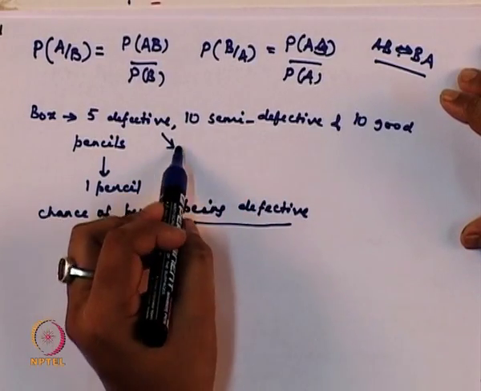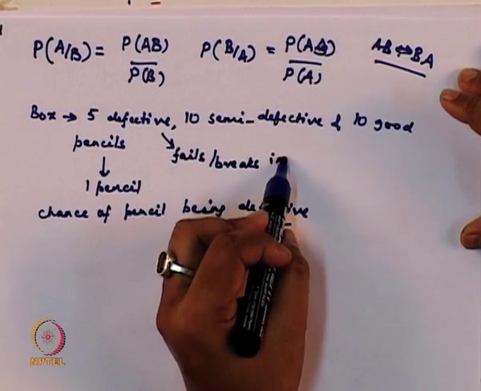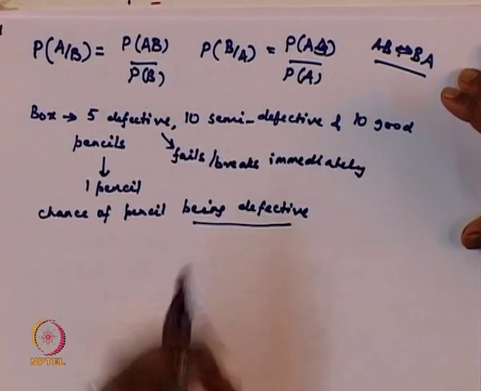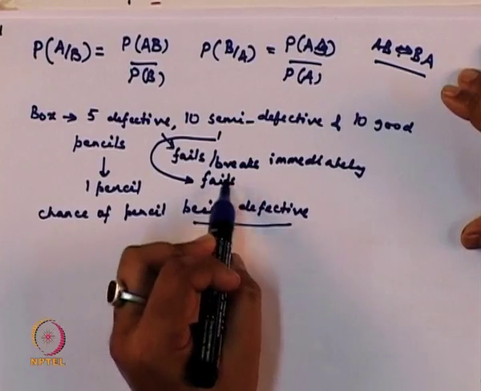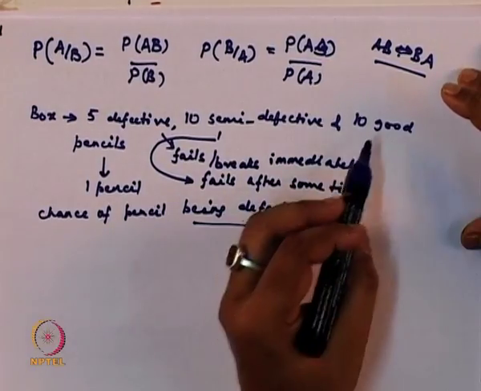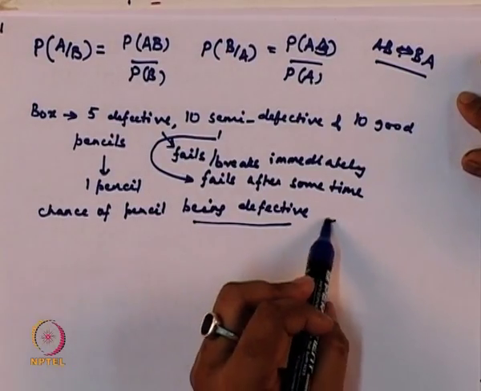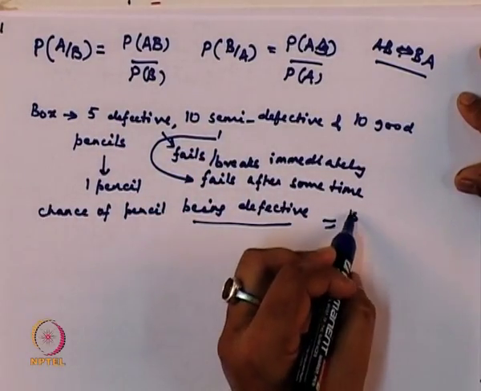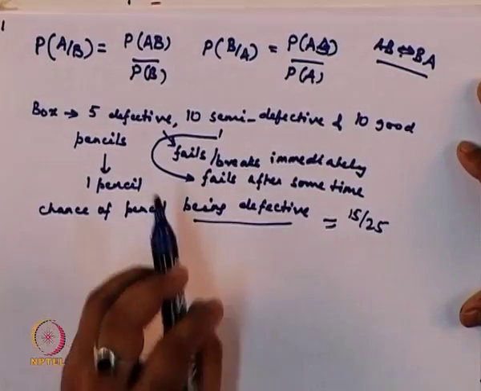So, this one fails or breaks immediately, this one fails after some time, and these ones are good. Okay. So, chance of the pencil being defective is essentially you want to count the total number of defective pieces. In that case it is simply 15 by 25. Okay. So, you have 15 defective and 10 good.